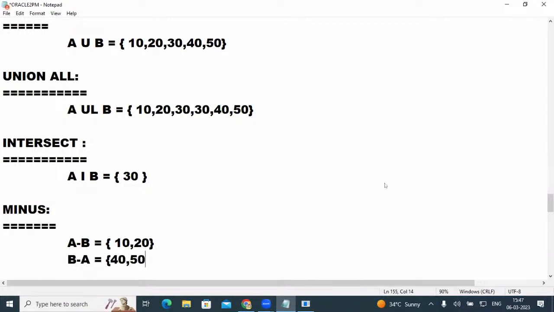So the minus operator always returns unmatching values from the left side, and those values should not be there in the right side set. This is called minus.